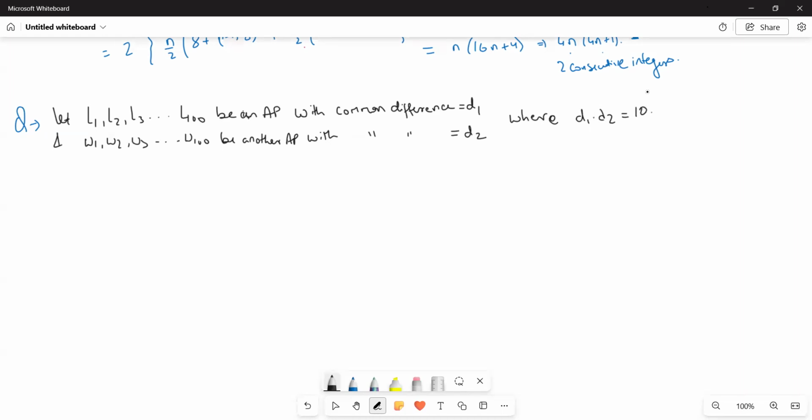The common difference of the first AP is D1, the common difference of the second AP is D2, and it's given that D1 into D2 is 10.